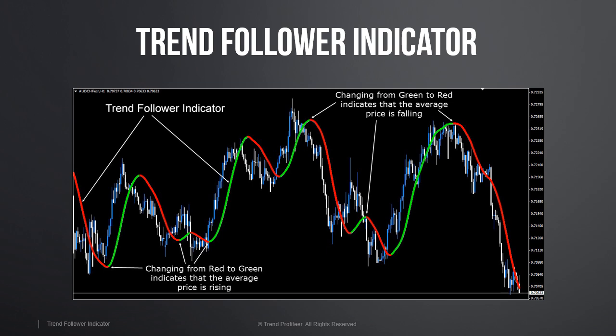Now, the angle does have an effect as well. You can see these are nice bell curve kind of shapes, and it's not always that way. Sometimes you'll see flat green, and then more flat red. We'll go over all of these on a case-by-case basis. But essentially, one of the fundamental rules of Profiteer trading is that if you're selling, the Trend Follower must be red, and if you're buying, the Trend Follower must be green.